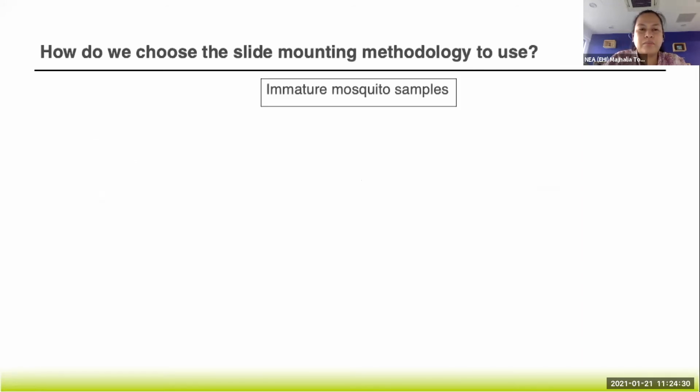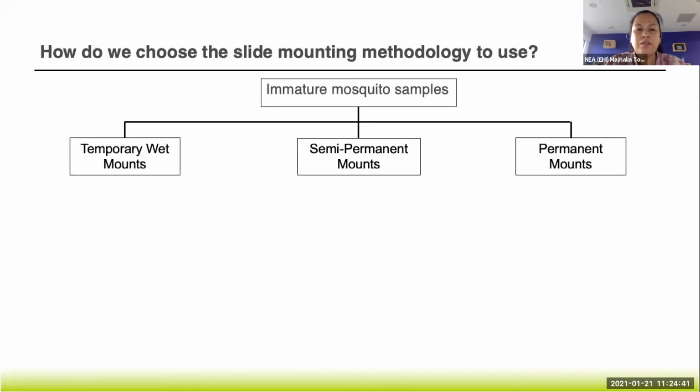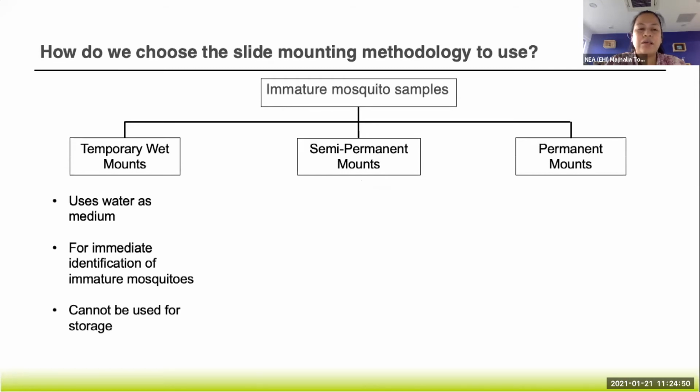mosquitoes. All right. So when you are handling immature mosquito samples, how do you choose what to use? As we mentioned earlier, you can do many things. So you have temporary mounts, semi-permanent mounts and permanent mounts. For temporary mounts, these are actually using just water as a medium. So it will dissipate fast.